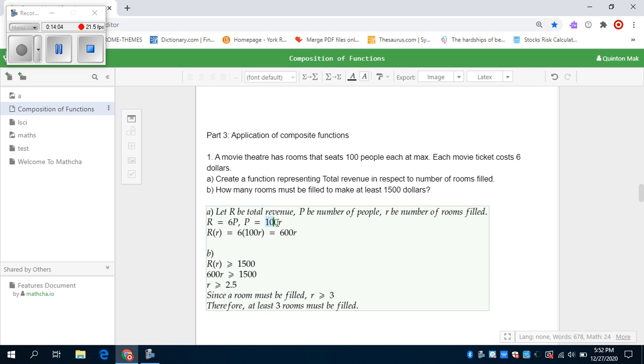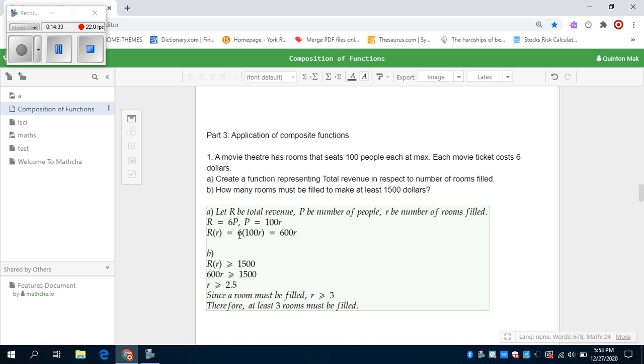And then to make the composite function, we just sub in the inner function into the outer function. Remember, p is a function of number of rooms, and the revenue is a function of the number of people. So we do the substitution, and we get revenue as a function of number of rooms equals 600 lowercase r.